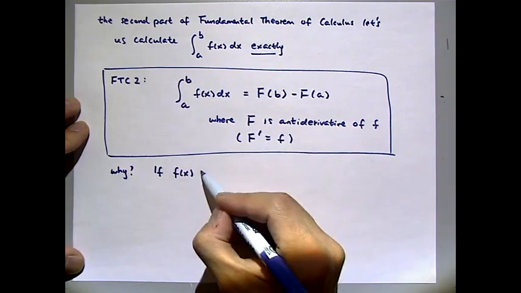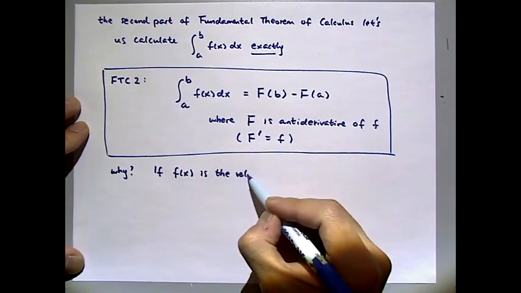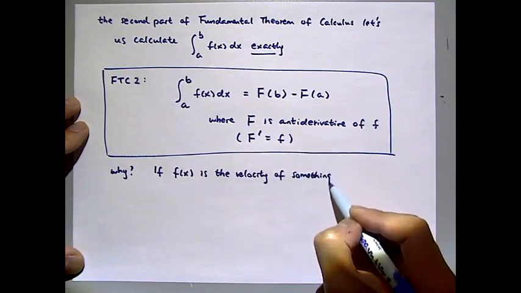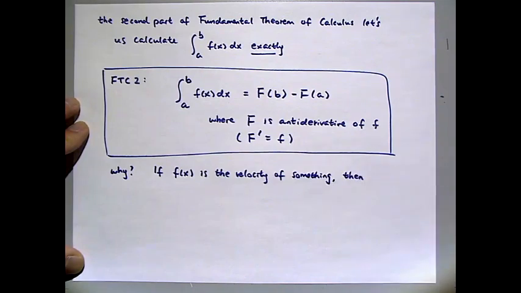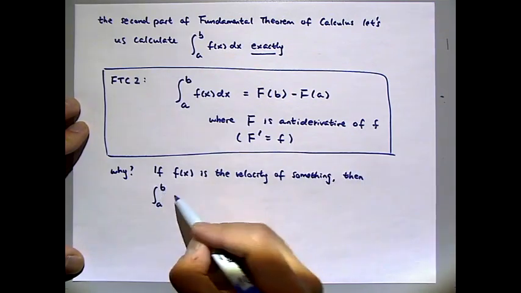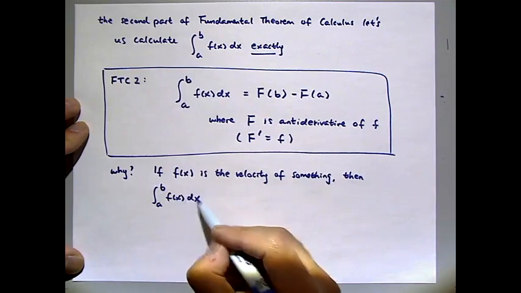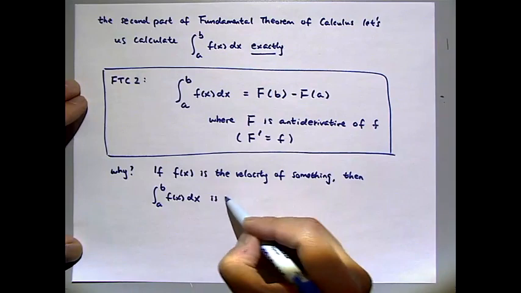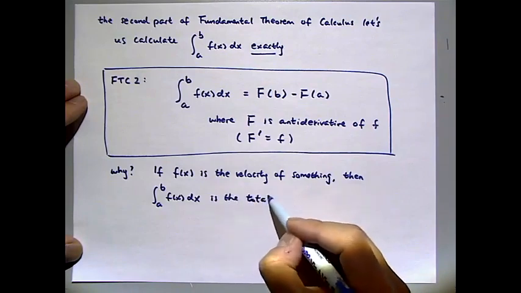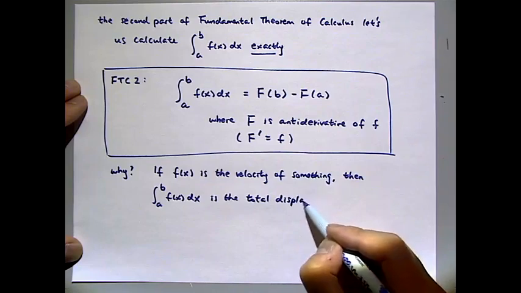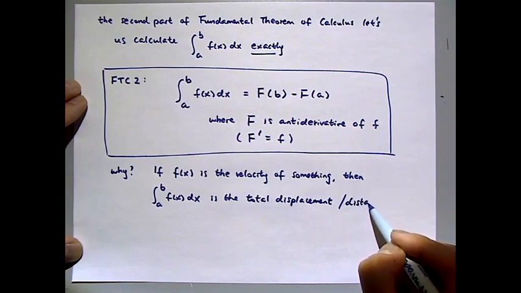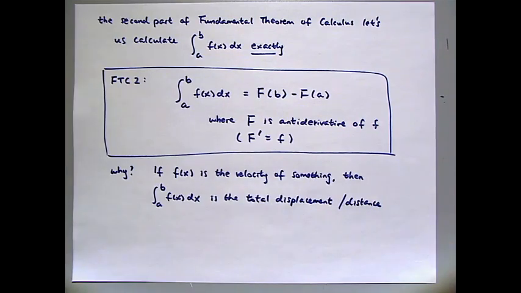Suppose f of x is the velocity. Then we know from last time that the area accumulated under the velocity can be used to represent the total displacement, which can represent a distance.